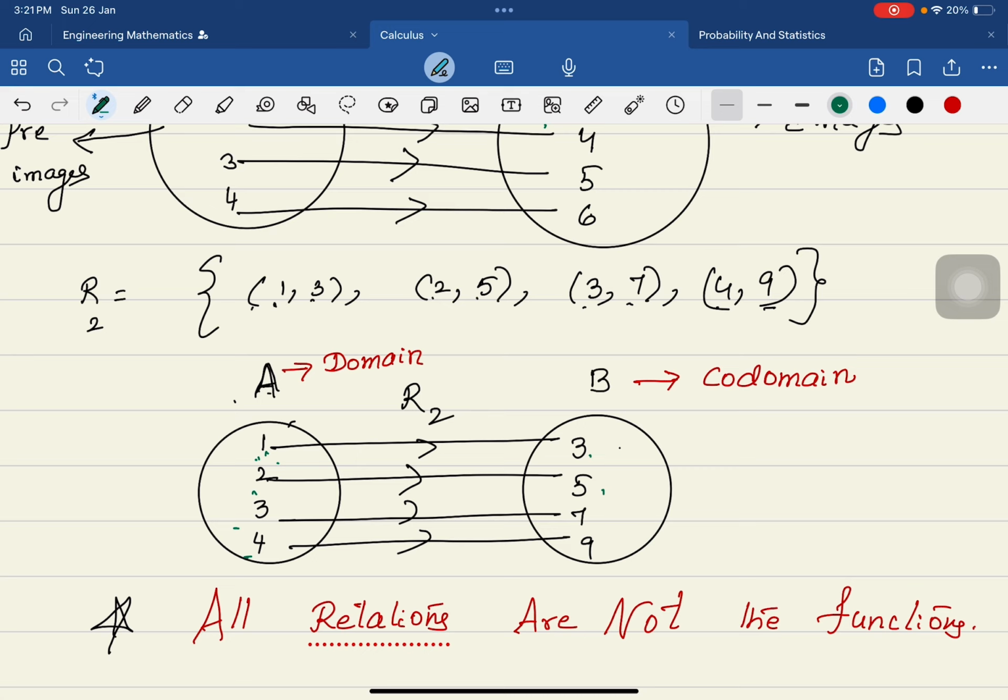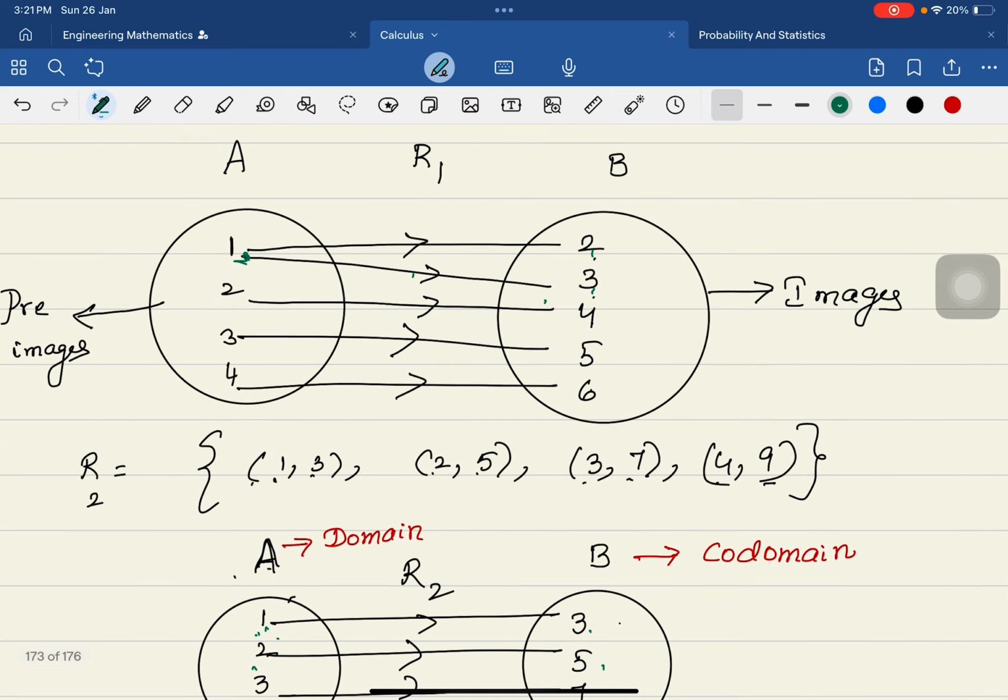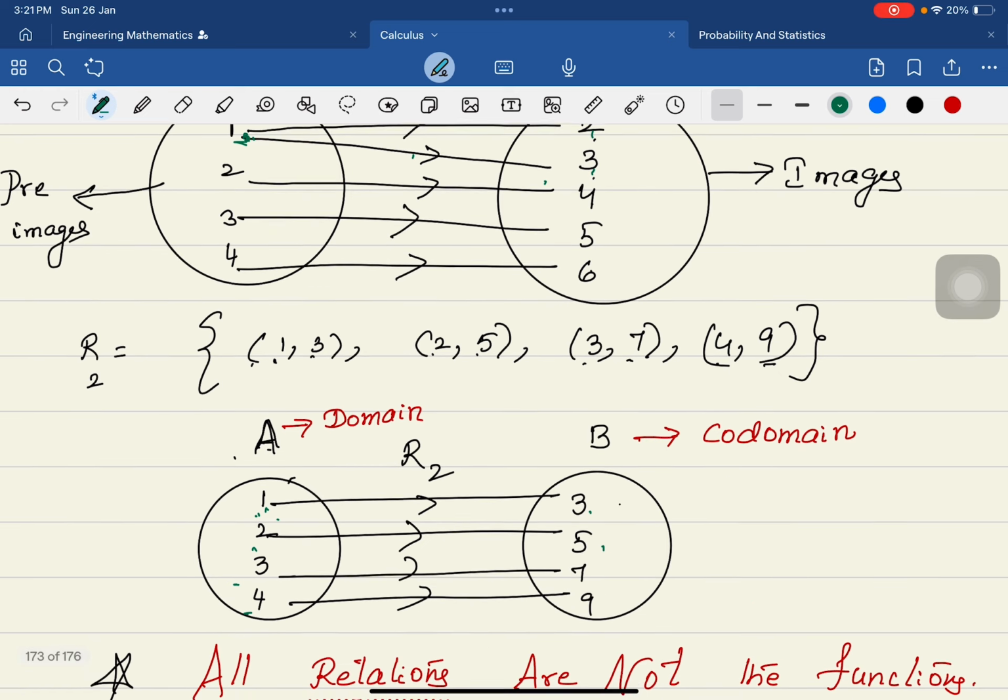Or we say that all the elements in the domain set A should have different images. Then we say that it is a function. But this is not a function because for the same element you have two images, so it is only a relation. I hope you could understand.